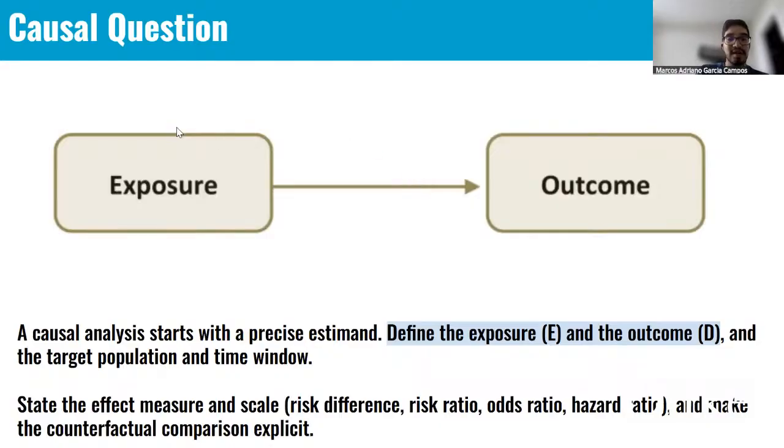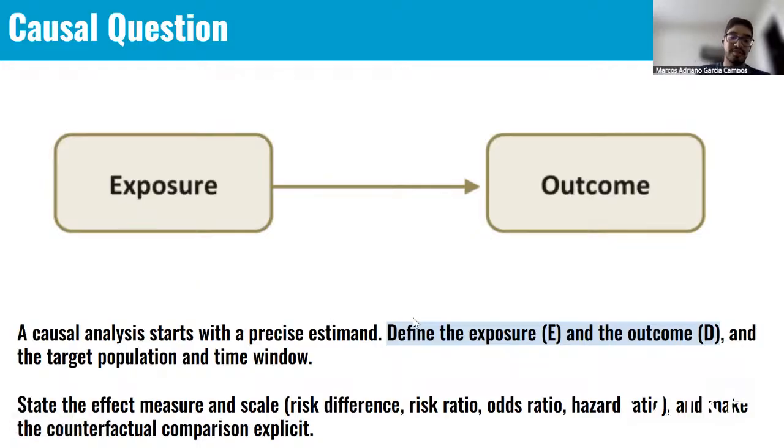So to begin our analysis, we need to set what is the variable of exposure and what is the variable that we call the outcome. And we need to start with this and specify the estimate between them. Is this a risk factor? Is this a protective factor or a neutral effect?